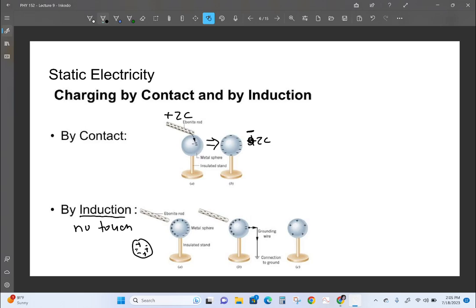So the negative field around this is going to repulse the negatives on the surface of the sphere and push them away. So one side of it will become negative, but that also makes the other side more positively charged. So I've induced a positive charge on the surface without even touching it.